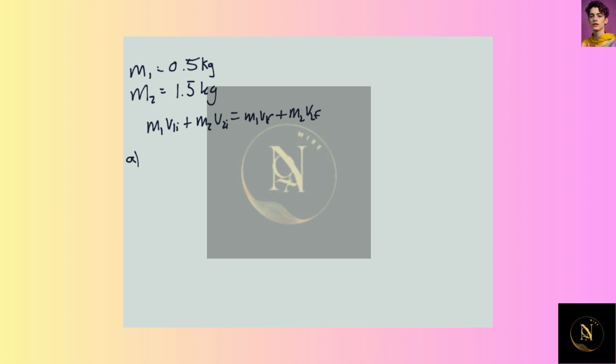So, for part A we're going to find the velocity if we know the final speed of one of the balls. Let's put everything we know into this equation. The mass of 1 is 0.5. The initial velocity of 1 is 2i minus 3j plus 1k.